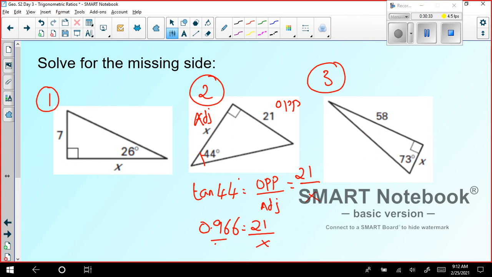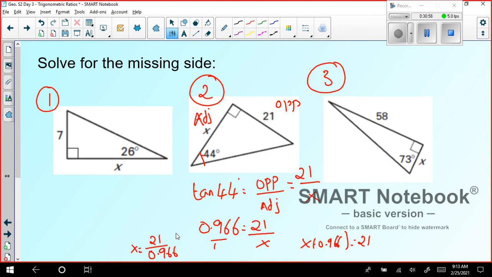Further cross multiply, I will get x times 0.966 equals 21, dividing by 0.966. So I get x equals 21 over 0.966.